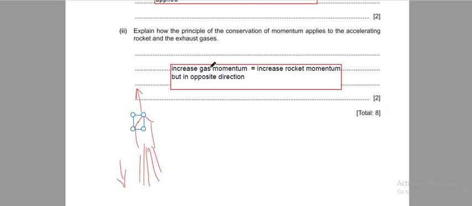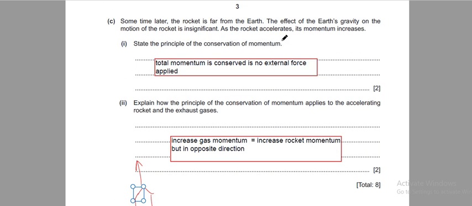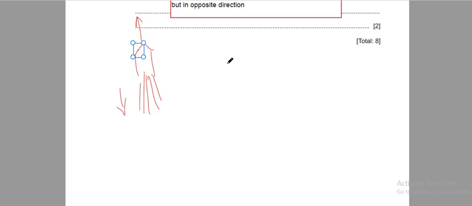The increase in gas momentum is equal, with a negative sign, to the increase in rocket momentum. So there is no net change in momentum in the no external force condition. So momentum is conserved.